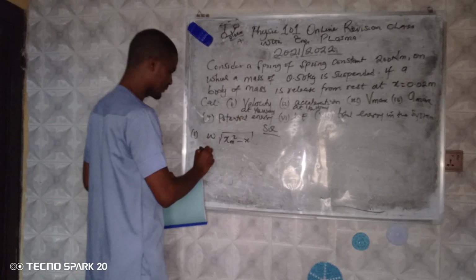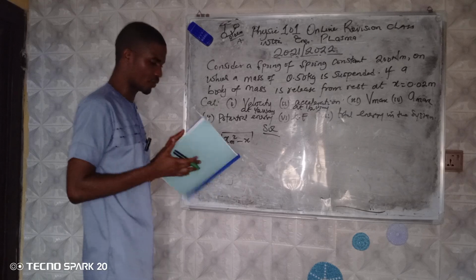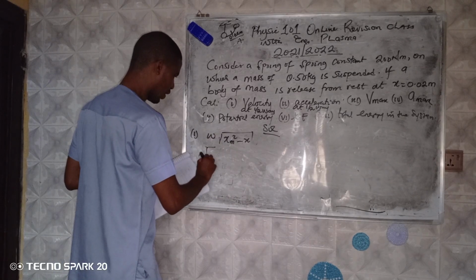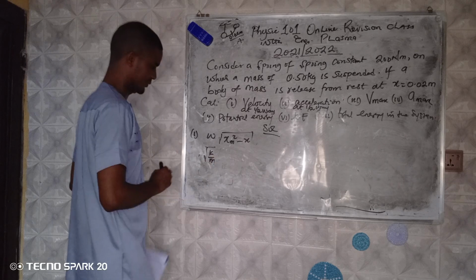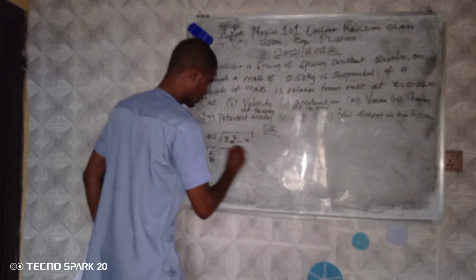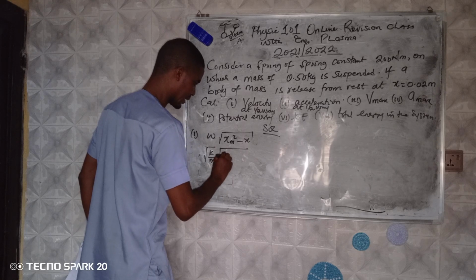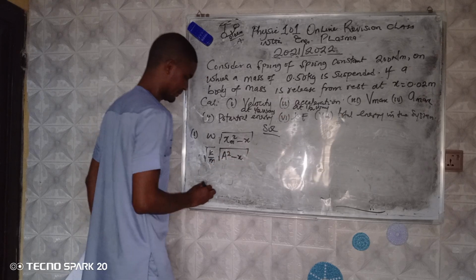So solving this now, I need to calculate w. Remember that my w is root of k over m. Then root of, let me use A here, A squared minus x squared.